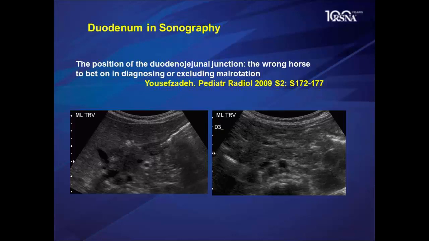And actually Dr. Youssef Zadeh from Chicago raised that topic because the classical wisdom was that we do an upper GI study to demonstrate malrotation and volvulus, but the experience shows that not every case of malrotation volvulus is black and white, and people are struggling to use any possible imaging modality to improve the diagnosis. And actually this is more and more used, but it is also showing some pitfalls and some false negatives.